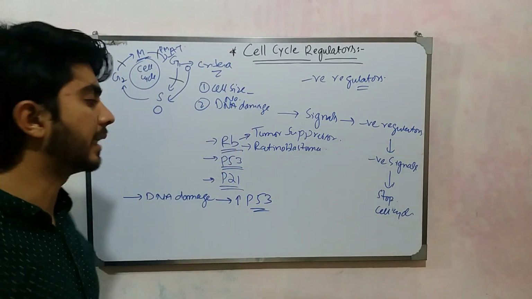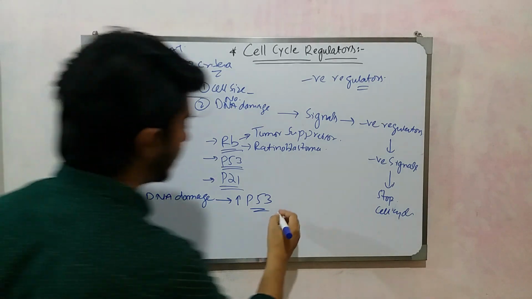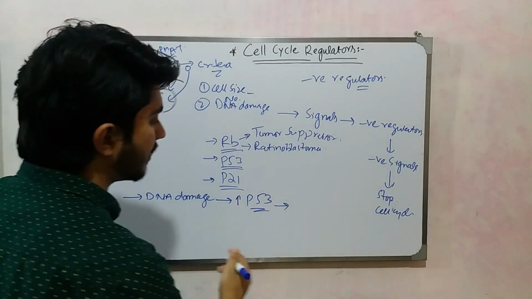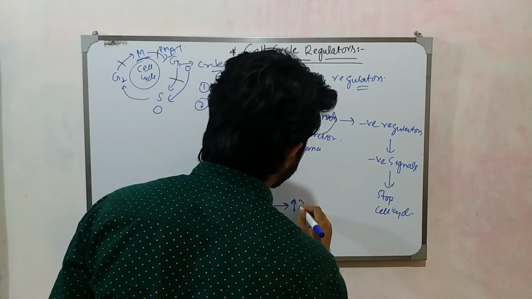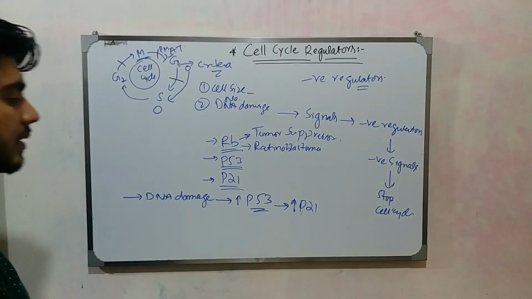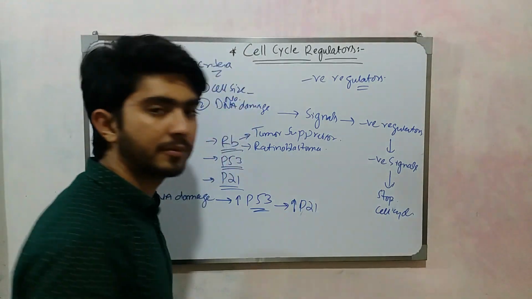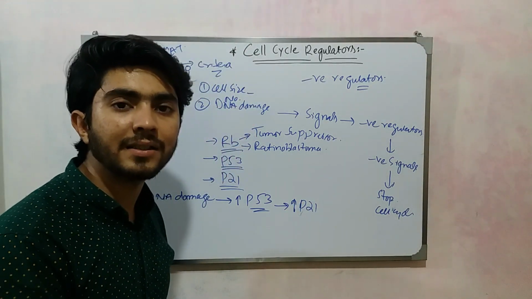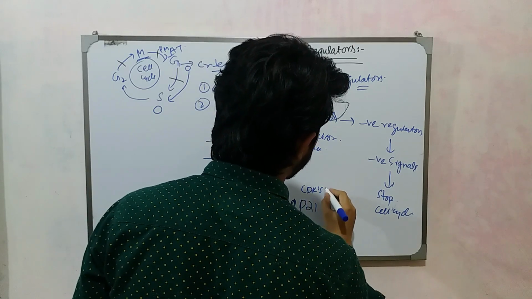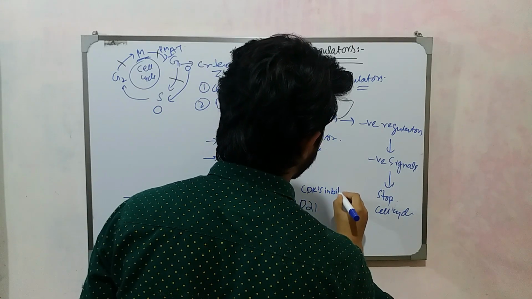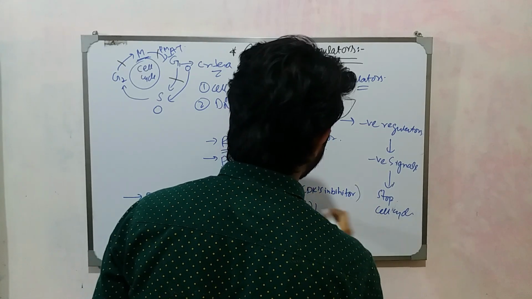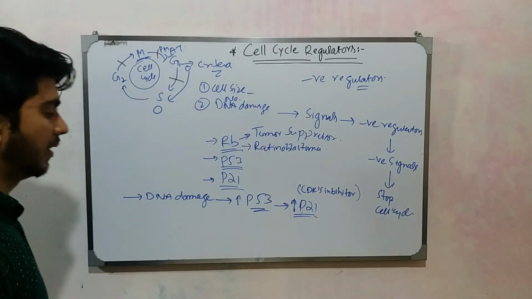When P53 is activated, it also activates another protein called P21. This P21 is a kinase inhibitor, a CDK kinase inhibitor.